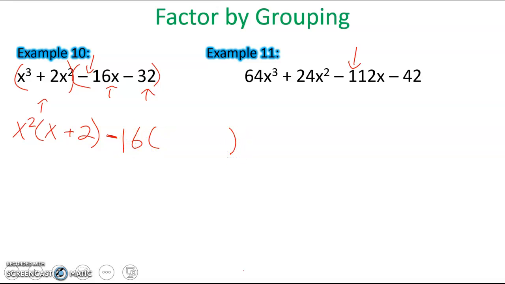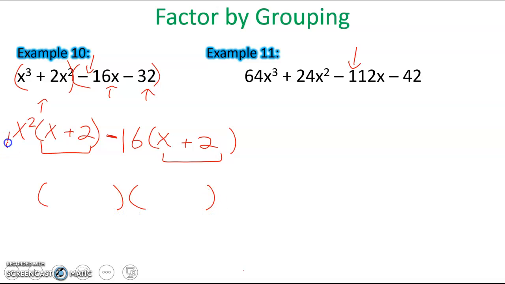Negative 16 divided by negative 16 is just a positive 1. That gives me just an x. Negative 32 divided by negative 16 leaves me with a positive 2. And look at that, I have the same thing inside my parentheses, so I can continue on to my last step, writing out the factors.